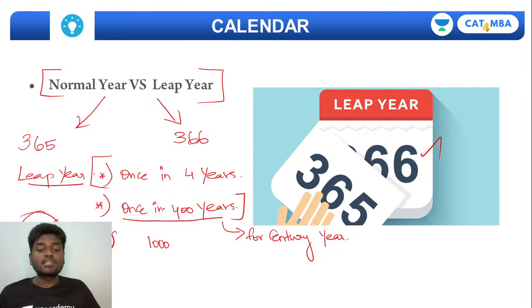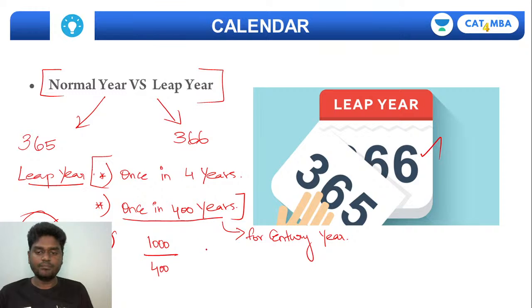And if you want to cross-check a century year, like 100, 200, 300, 400, 1800, 2200, to be a leap year or not, you should not divide that by 4. Instead, you need to divide this by 400 and see whether it is a leap year or not. I hope you get my point.